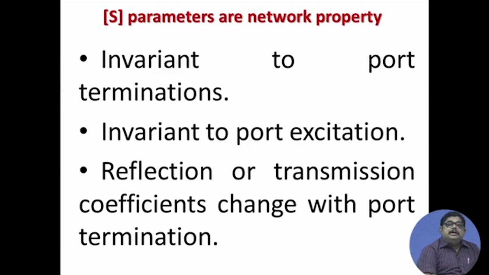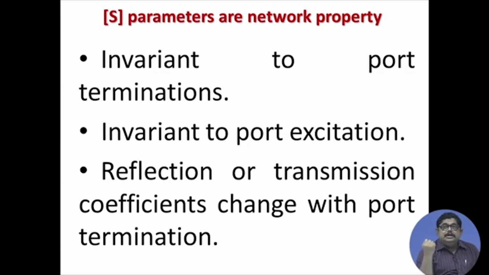Now, S parameters are properties of the network, they are characteristic of the network. So, S parameters do not depend on port terminations. If you change the port terminations, S parameters do not change. As we said, reflection coefficient may change, transmission coefficient may change, they depend on port termination.